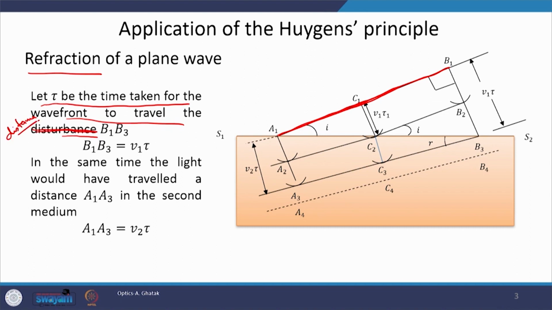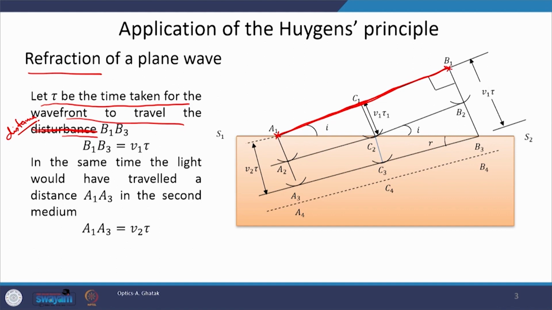Now A1 C1 B1 is the wavefront which is falling at the interface, and since this wavefront is falling at some angle, the point A1 of the wavefront will fall at the interface earlier as compared to point B1.